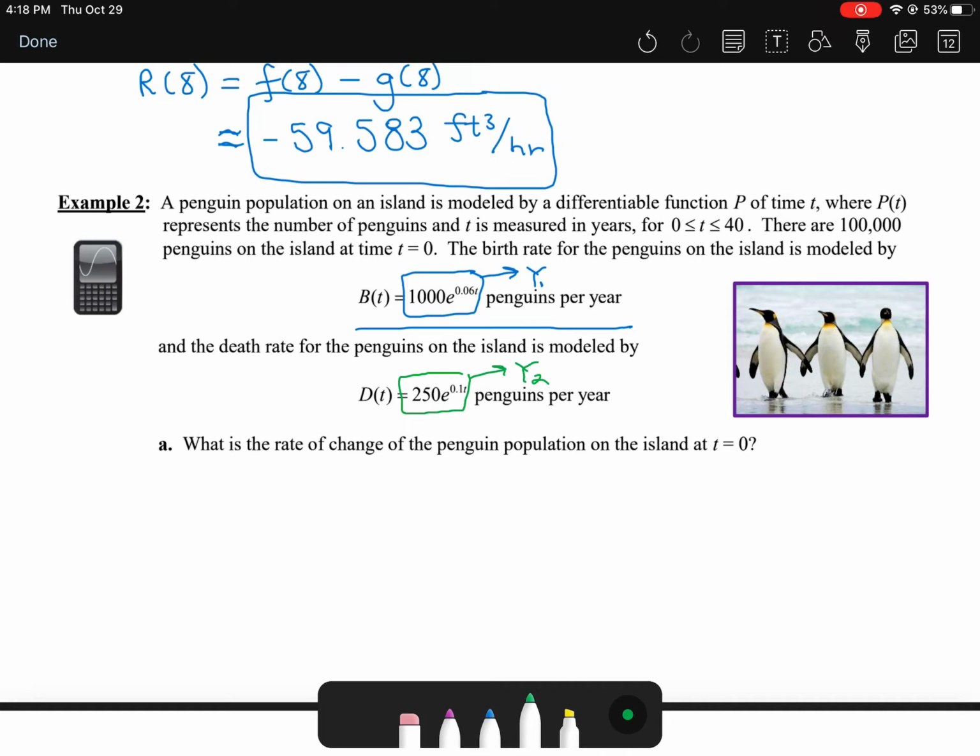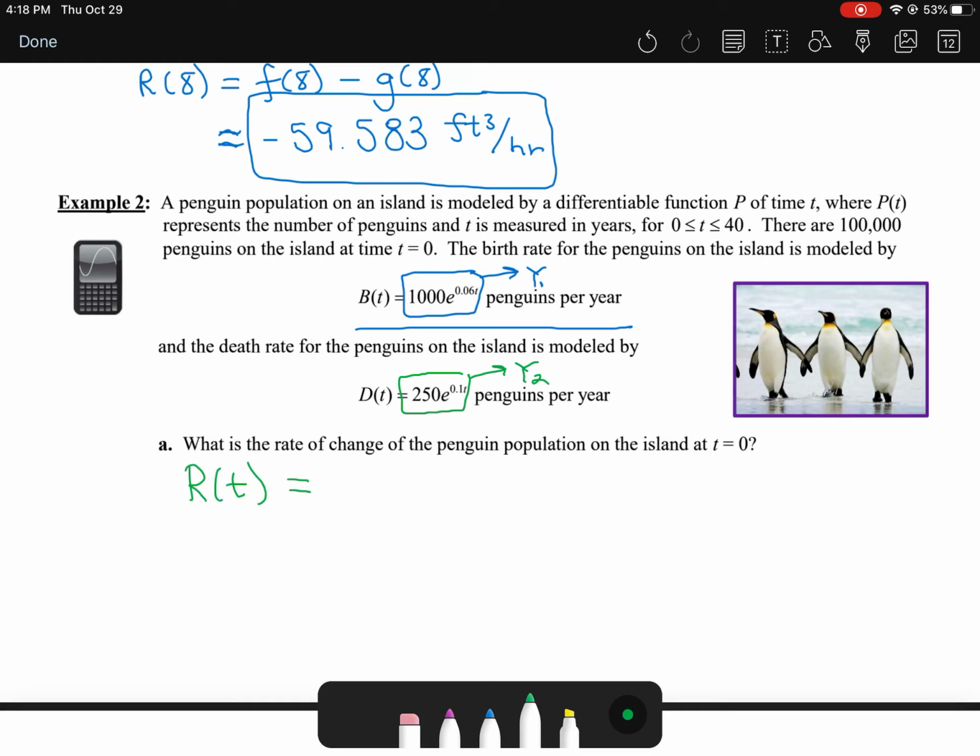What is the rate of change of the penguin population on the island at t equals 0? So how is the population of the penguins changing? Well, again, if you think about it, population changes. We get a new value each day. People are born, people die, and that is our population. Okay, so again, I'm going to just write something.